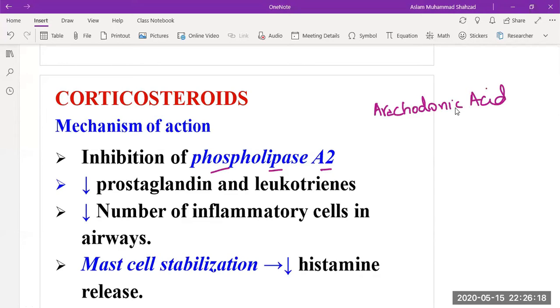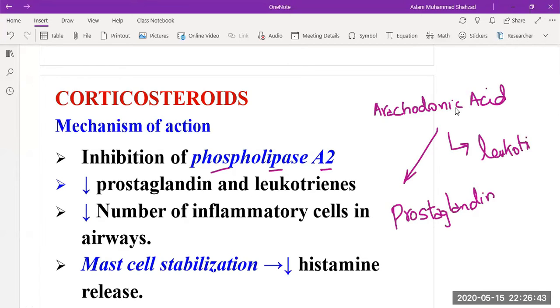and actually arachidonic acid is responsible for the synthesis of prostaglandins and leukotrienes.